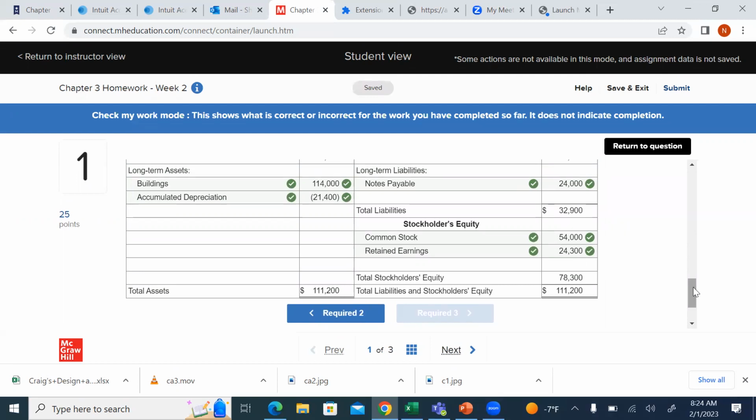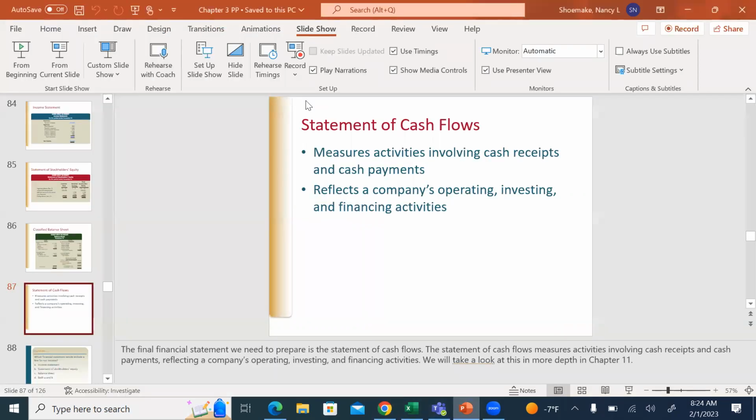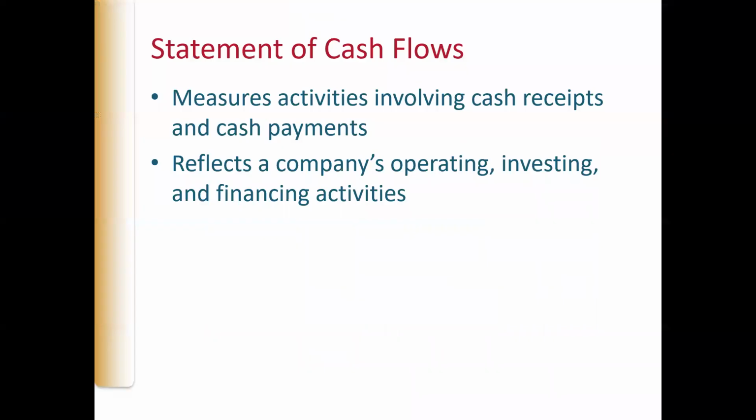You see how it's relatively easy to complete these financial statements? As long as your adjusted trial balance is correct, we're just going to take those numbers right off of it. Okay? Got it? Okay. Now let's go back to the PowerPoint.